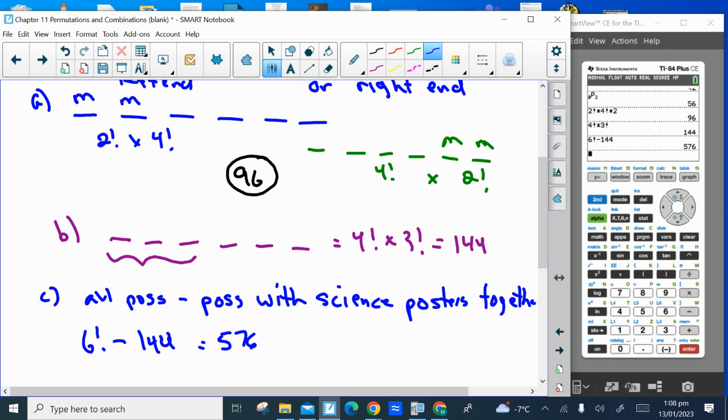One of them being all 3 science posters separated, another scenario being 2 of them together, and the third one separated. You can do it that way, it's just much more complicated. Okay, so I would just do it this way. All possibilities minus the ones with the science posters together, much easier than doing it the other way, because you'd have to do, again, the 2 different scenarios.